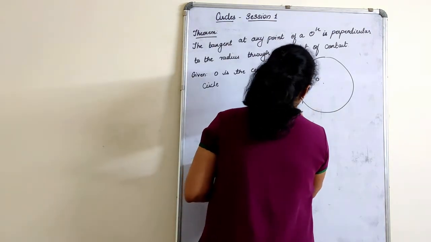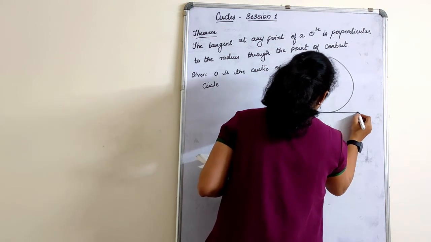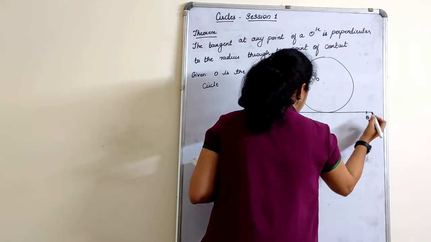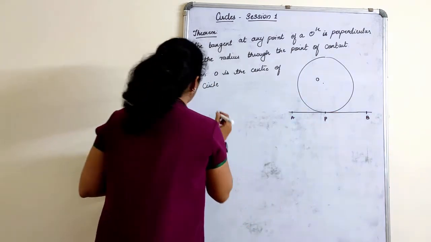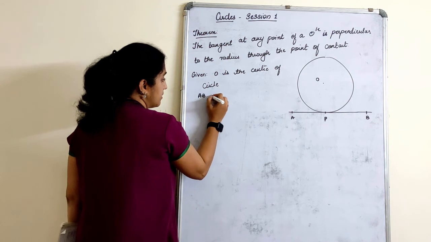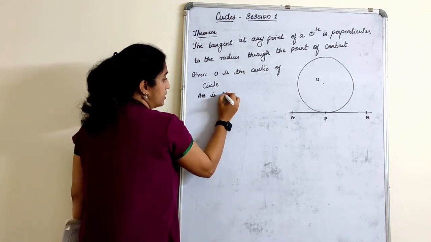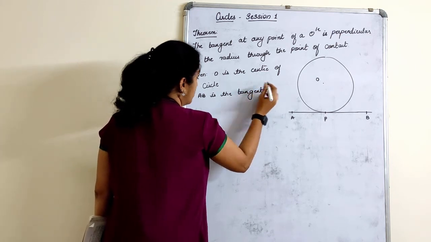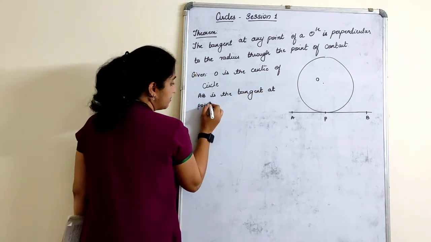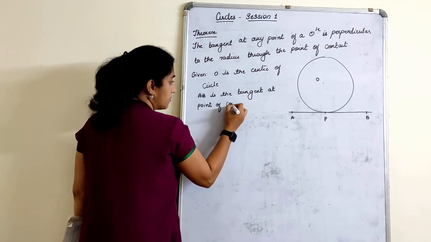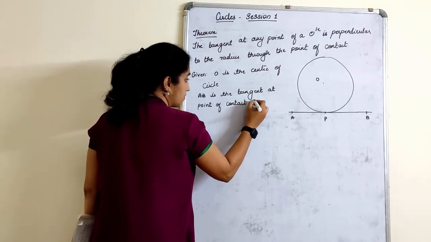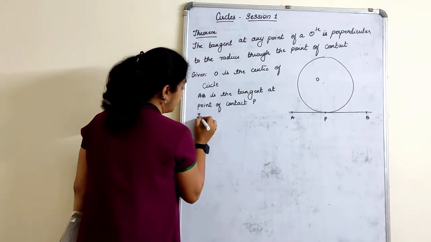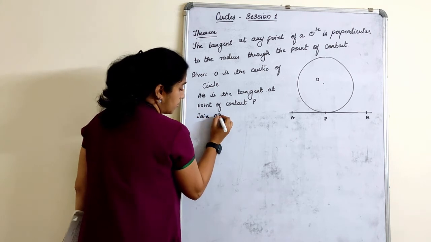And AB is the tangent at point of contact P. Okay, so join OP.